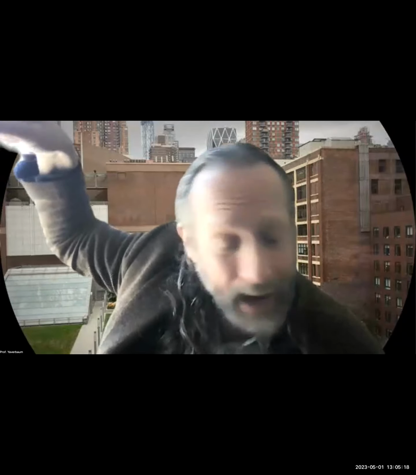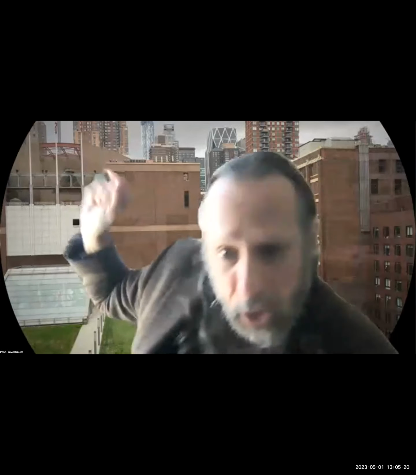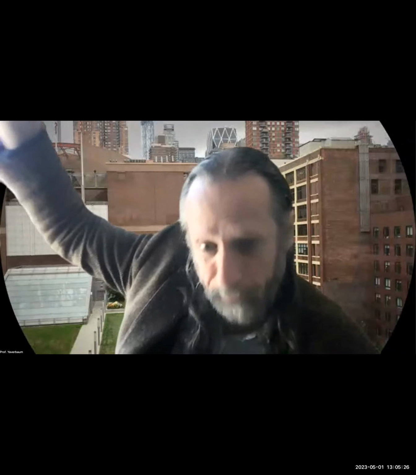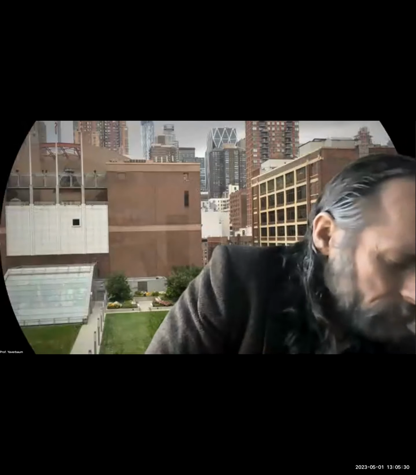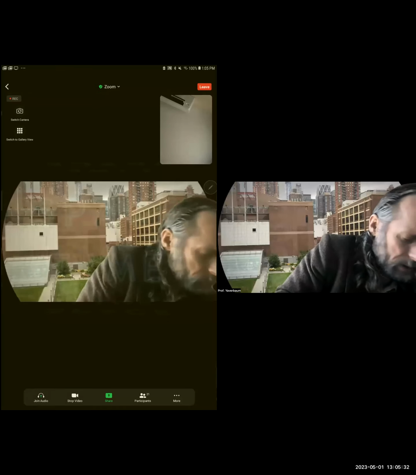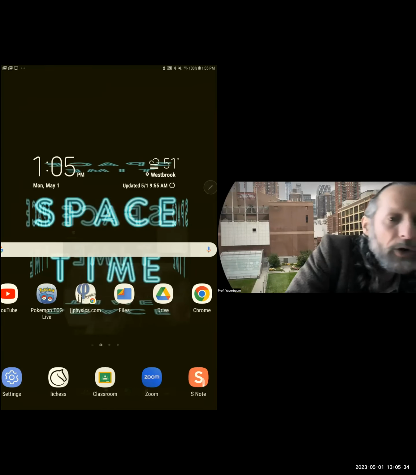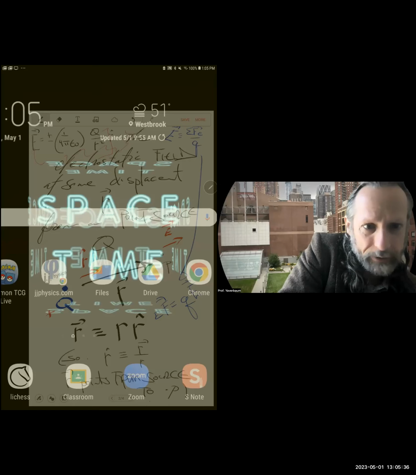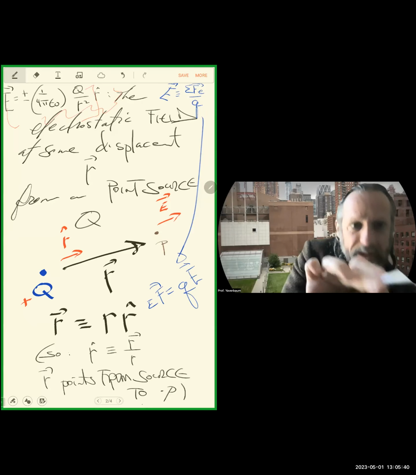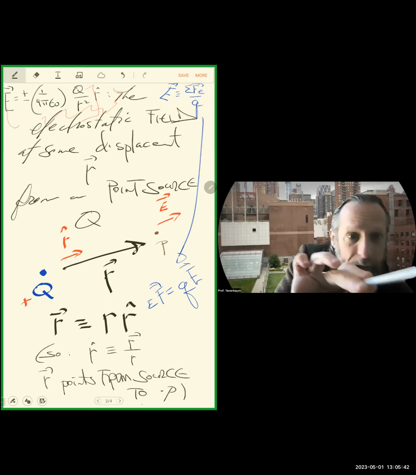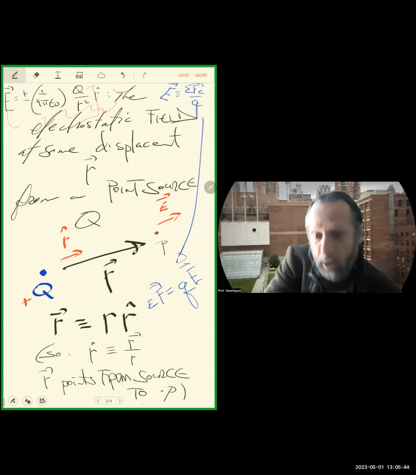If the original point source that made the field was negative, then you plug in a negative number for Q, right? And you'd have a negative sign in your answer from this top equation, after you plug in the constant and a negative number for Q and you divide by R squared, which of course will necessarily be positive.